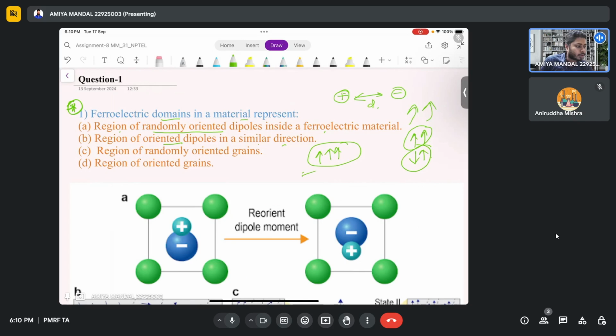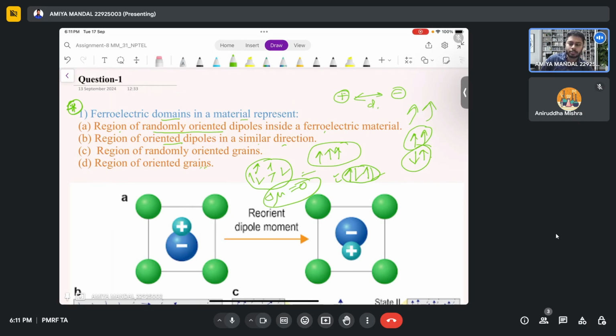If they are oriented in an anti-parallel way, like in an antiferroelectric material, they are represented with this type of notation. The third option is region of randomly oriented dipoles, where each dipole is oriented randomly and the net dipole moment turns out to be 0. The last option is region of oriented grains.